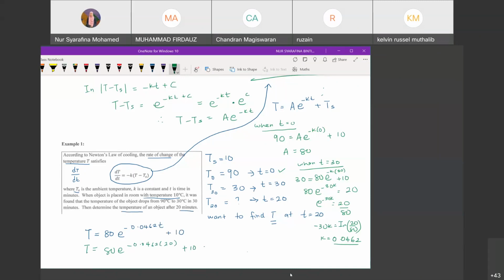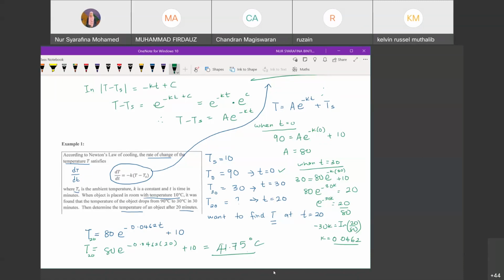Then you get your T there. Clear? What is your T? Okay, 41.75 what? 41.75 degrees Celsius. All right, good.